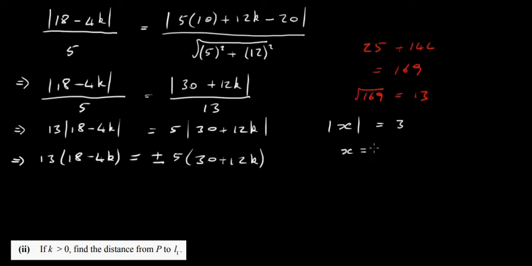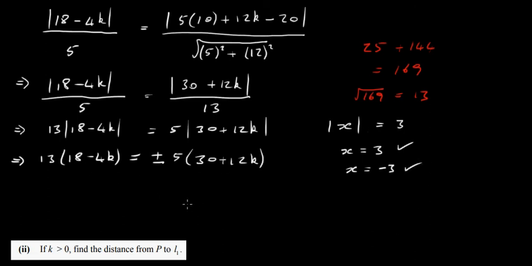Well, that means x could be 3. In other words, the modulus of 3, the positive value of 3, is just 3, so that works. Or x could be minus 3. So if I put a minus 3 in here instead of x, the modulus of that, the positive value of minus 3, is also 3, so that works.